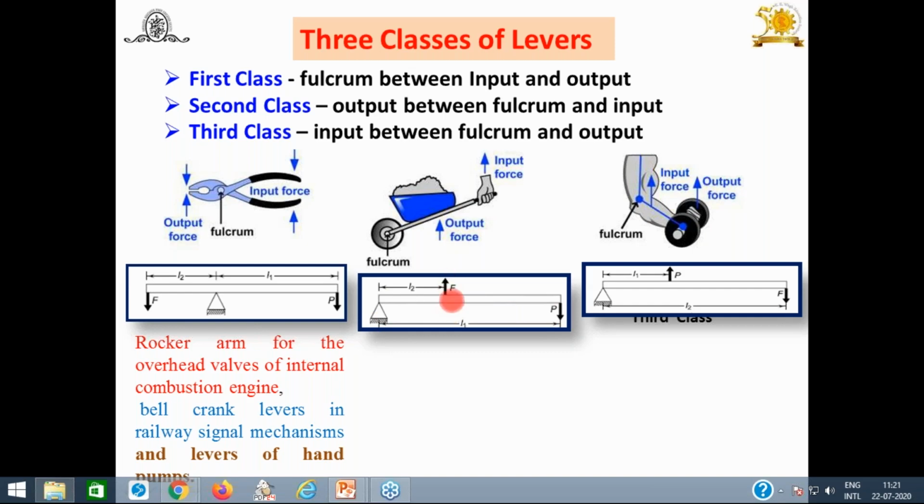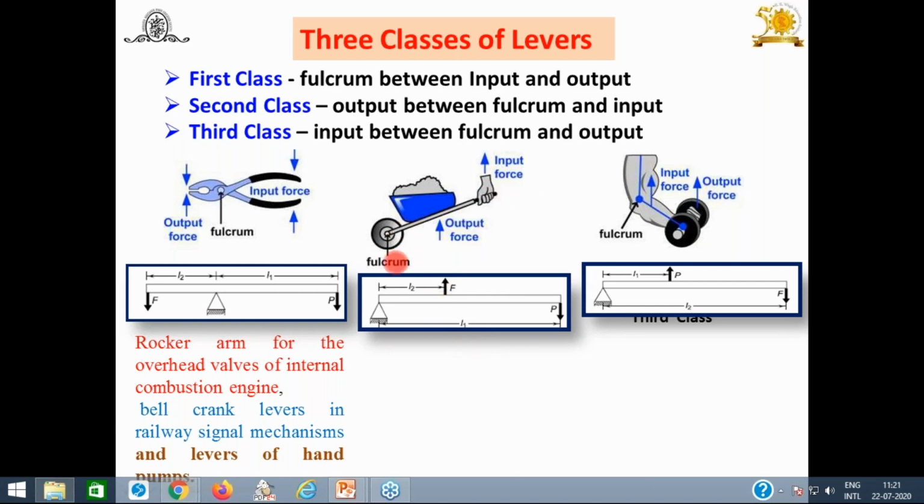But the important thing: the distance of the effort P from the pivot is denoted by L1, and the distance of the output force from the pivot is L2. That means in the second class type of lever, L1 is also greater than L2, so mechanical advantage is greater than 1. Try to understand.